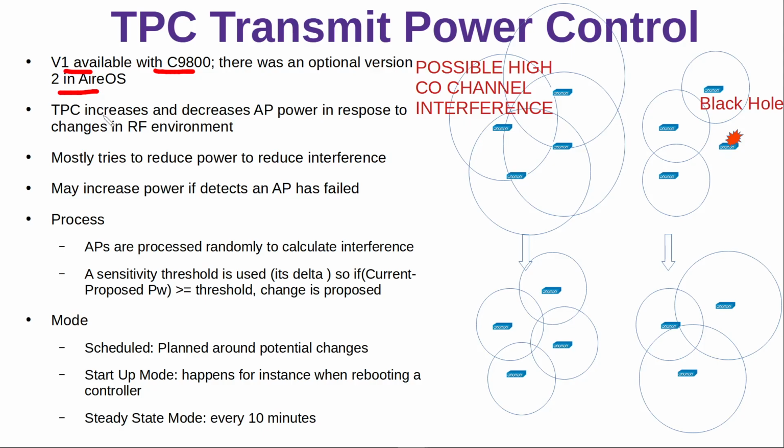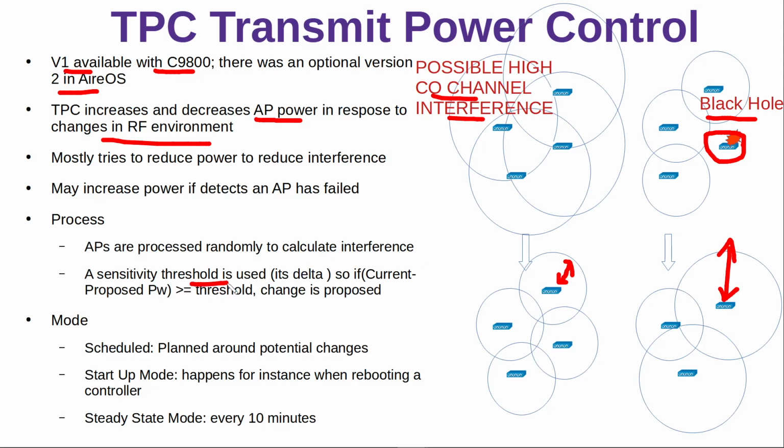What transmit power control does is increasing and decreasing access points power in response to changes in your radio frequency environment. So most of the time it will reduce your power in order to reduce co-channel interference, but sometimes, for instance, if an access point stops working, and in order to avoid black holes in your networks, TPC will increase the transmission power.